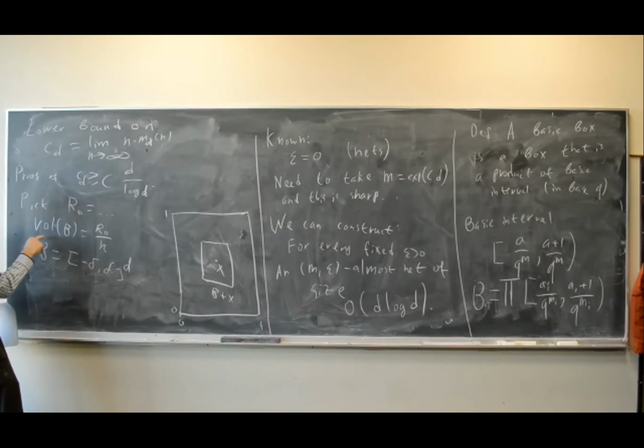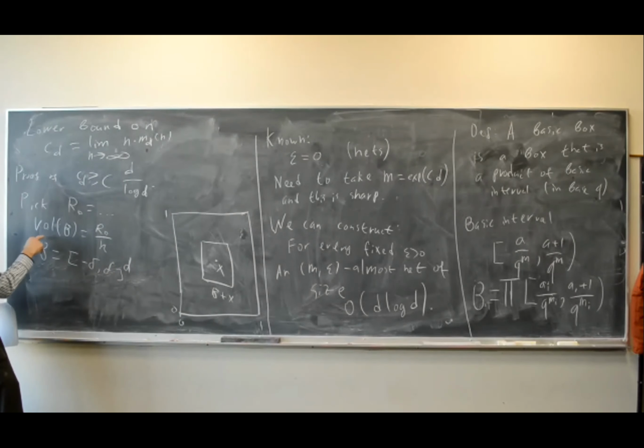Because on average the small box contains half a point, and therefore at least half the time it should be empty. Oh, sorry, the probability this is non-empty. So it's at most a half.